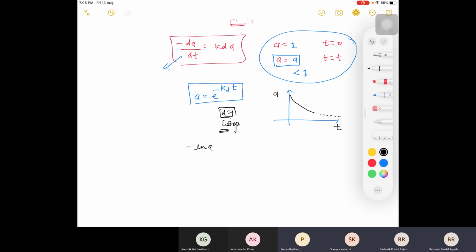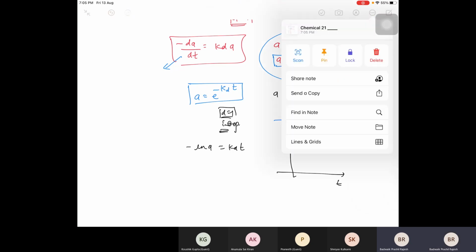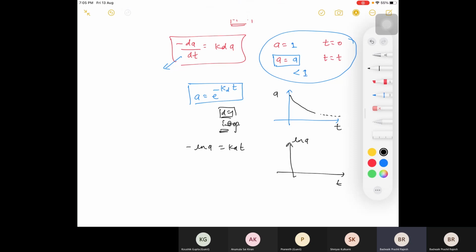Minus ln a equal to kd into t. Now if I want to plot this graph, t versus ln of activity, what will be my curve? Straight line with negative slope. Negative slope, right? So this is what? Minus kd.